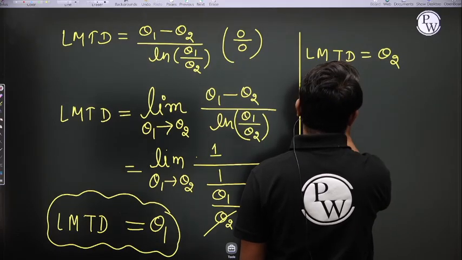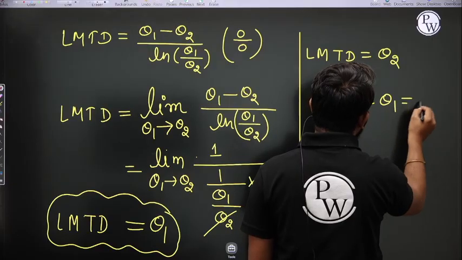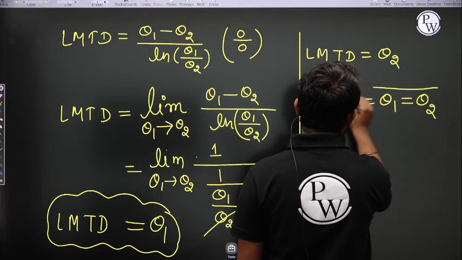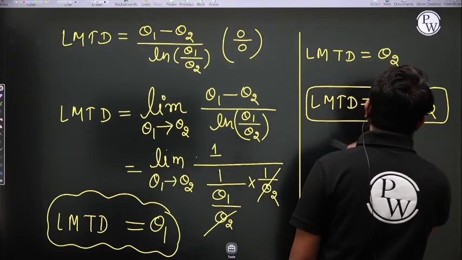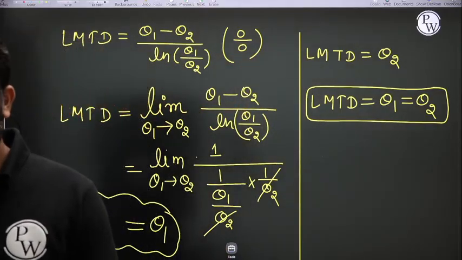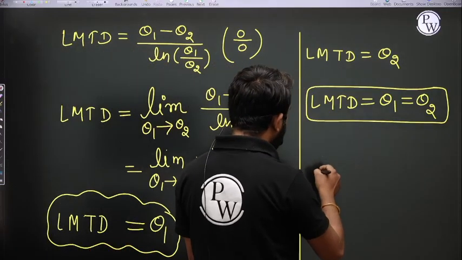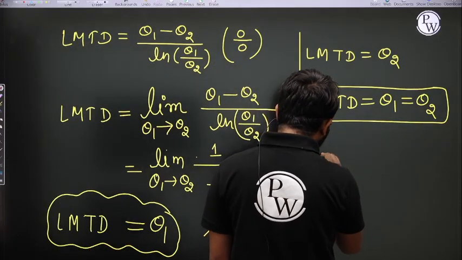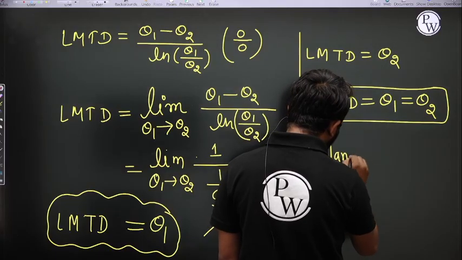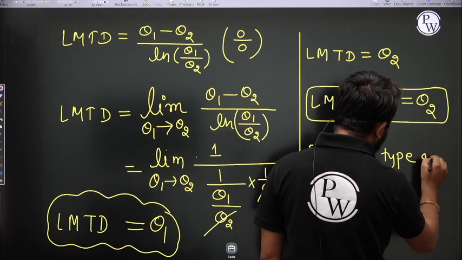So ultimately, I can say that LMTD is equal to theta 1 is equal to theta 2. So this is a special case: counter flow with equal heat capacity rate. And such a heat exchanger is known as the balanced type of heat exchanger.